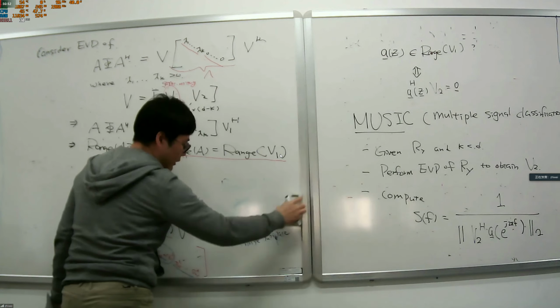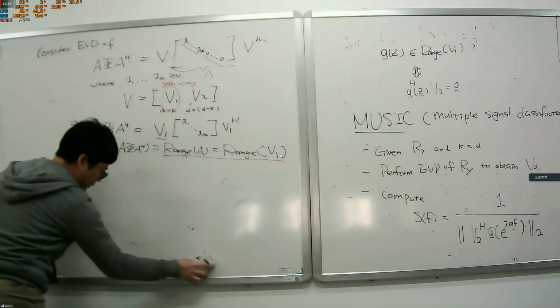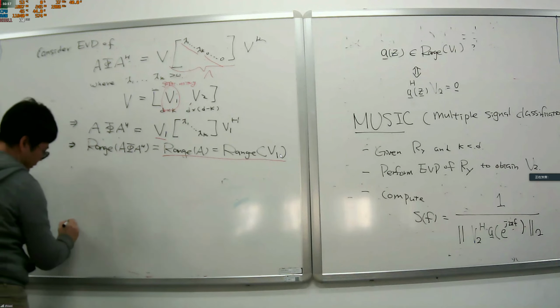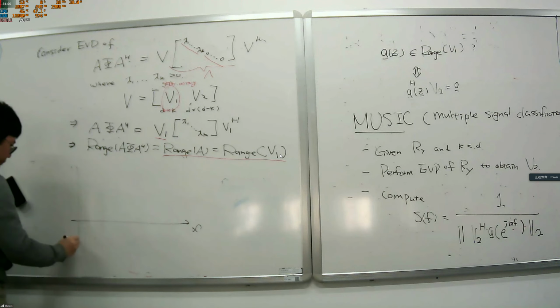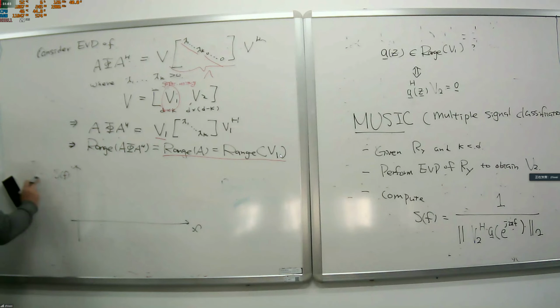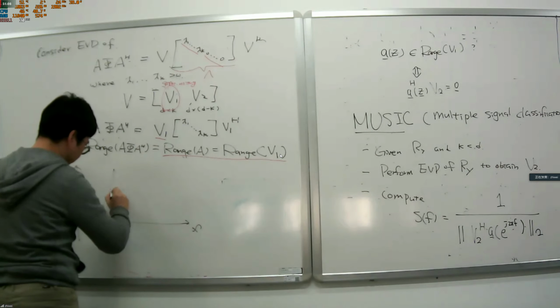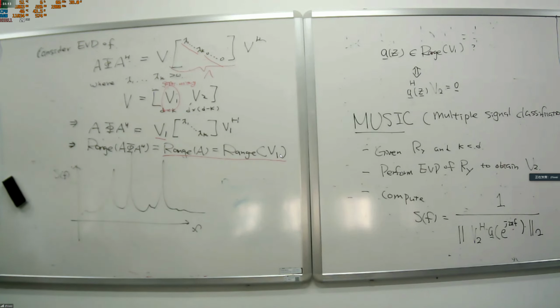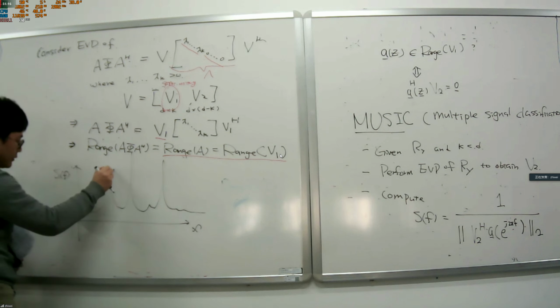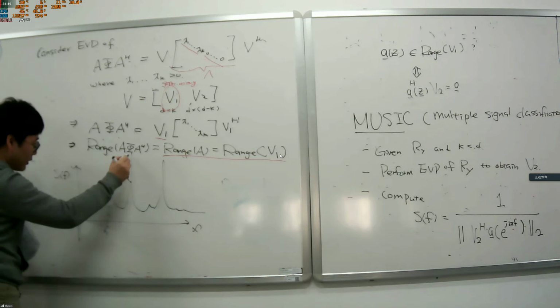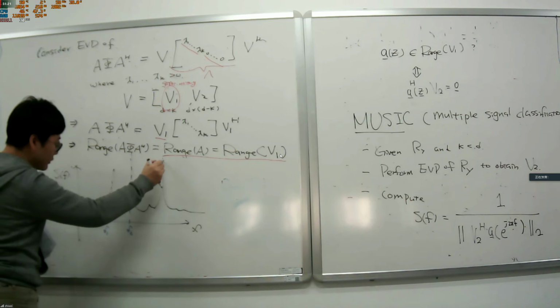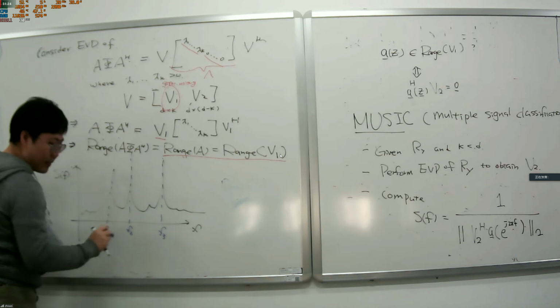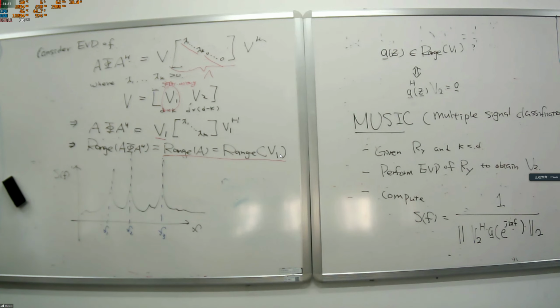So the algorithm is simply to compute S(f). You search your f, and you check the S(f) value, and you should see something like this. If you see these peaks, it means it's a correct frequency.